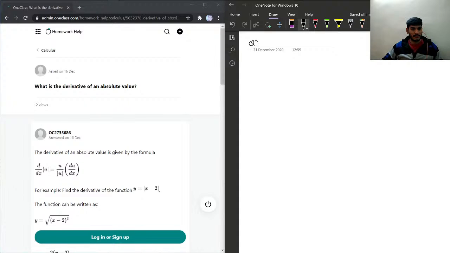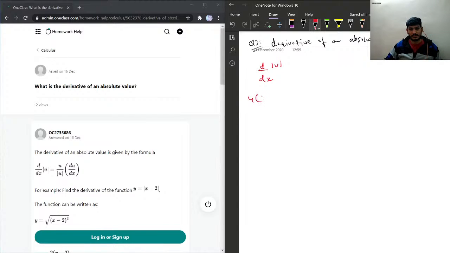So I have question number 3. What is the derivative of an absolute value? So we need to find the derivative of d over dx of the absolute value of u, where u is a function of x.